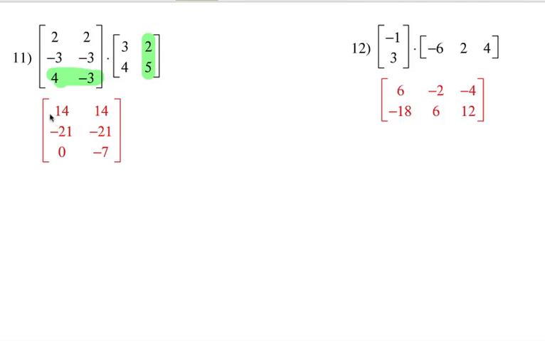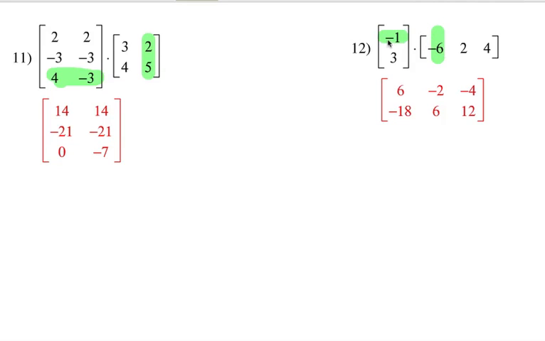All right, we have a 3-row by 2-column answer, so 3 by 2. All right, number 12. Let's get going with this. Sometimes matrices like this get a little confusing because you have to keep track of where you are. But remember, in this first matrix, we look at the row and compare it to the column. So we only have one number in each part.